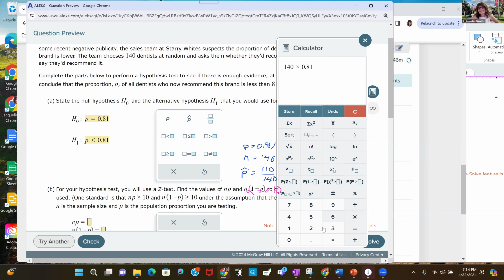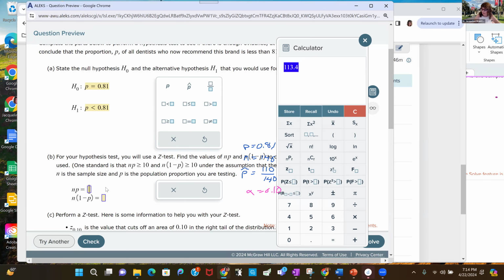Again, clearly it's bigger than 10. In practice, you would kind of eyeball that. I guess if you were writing a paper, you would probably write it out and justify. And then N times 1 minus P, which is 140 times 1 minus P. So instead of 81%, that's 19%. Okay, so still obviously bigger.